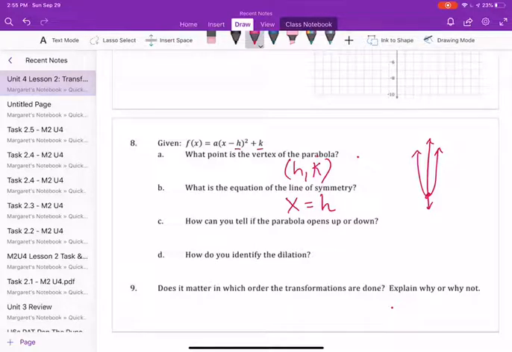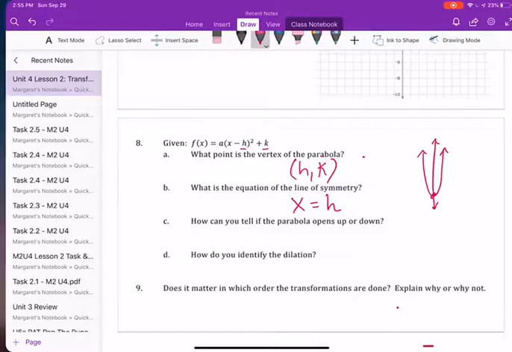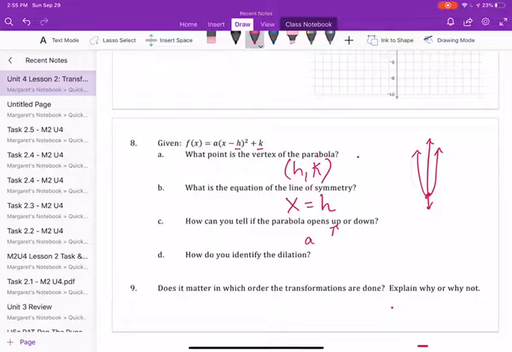We've talked about how the parabola opens up or down based on the a being negative or positive. So when a is positive, it opens up, and when a is negative, it opens down. Finally, when we identify the dilation or the stretch factor, the growth factor, we're looking at our a value.